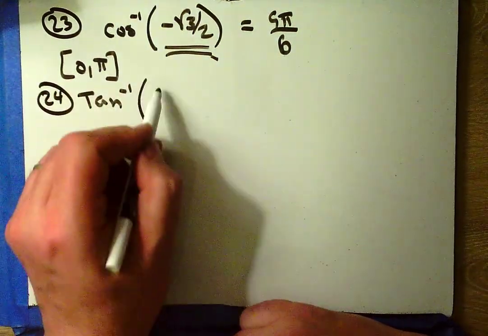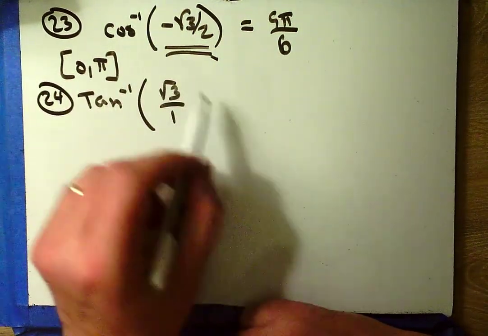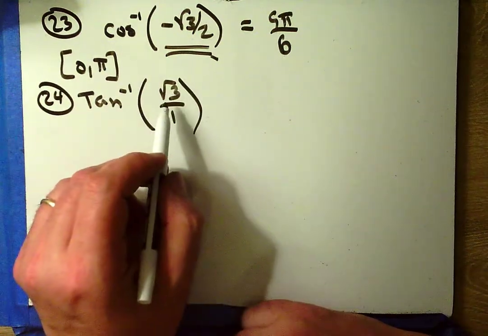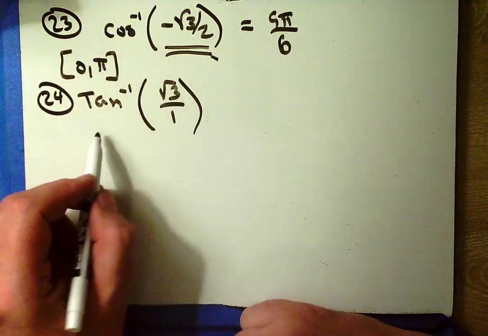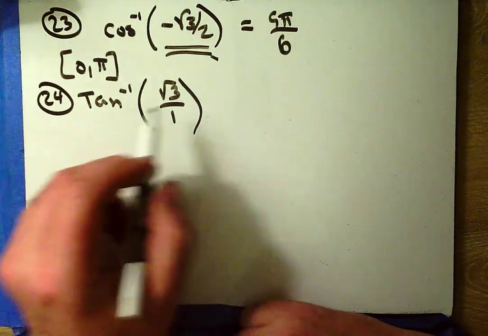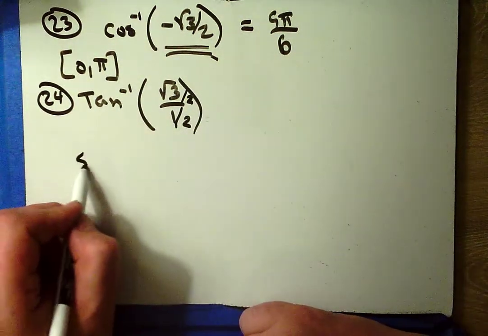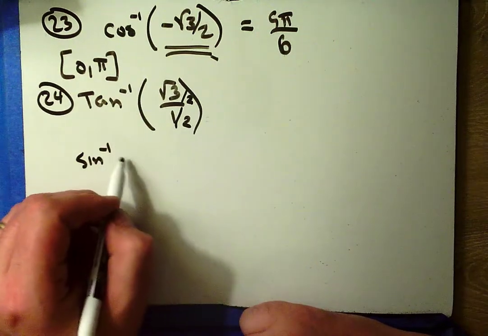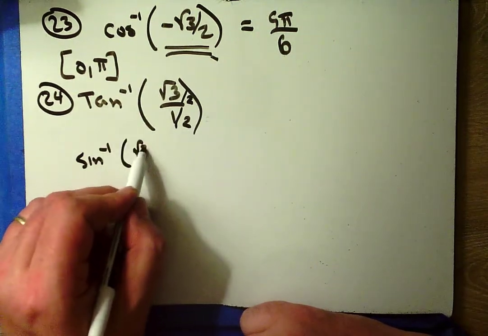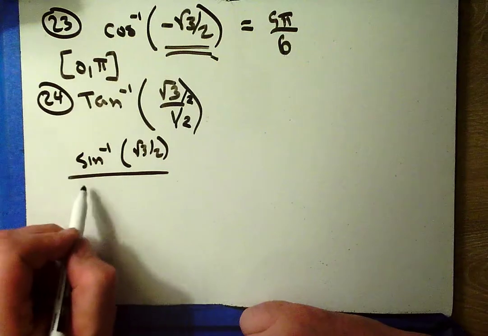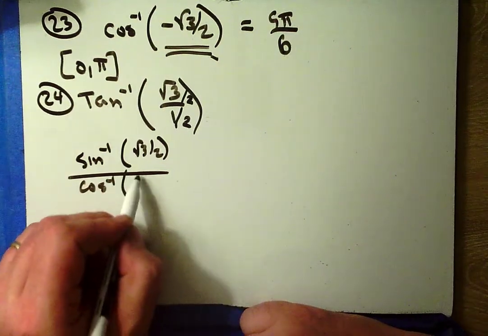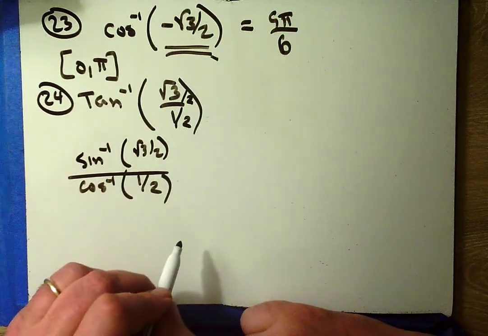Tangent inverse root 3 over 1. Well, that's the same as, yeah, I don't recognize that, do I? But if I divide here by 2 and here by 2, I could think of this as sine inverse root 3 over 2 and cosine inverse 1 over 2.